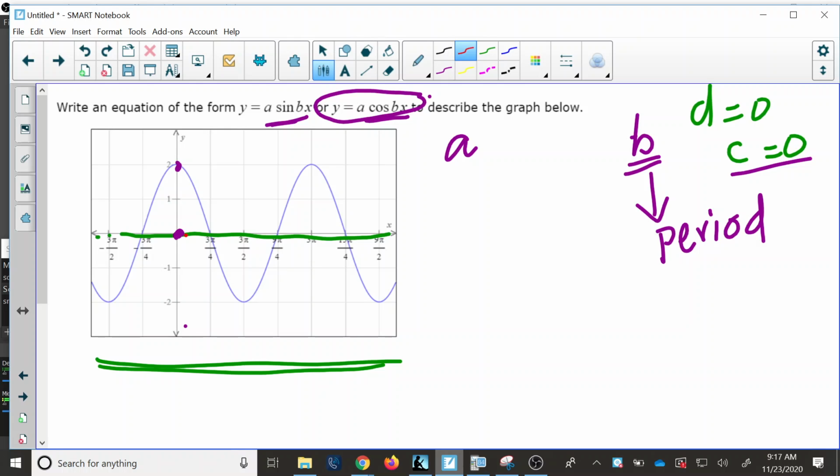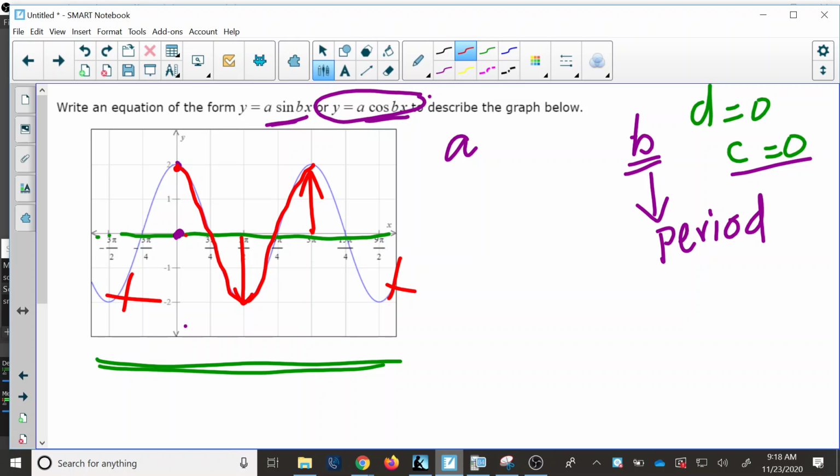This is my midline. Now we need to just take one cycle. This is the starting point, so my one cycle would be up to here. I can ignore these other parts, just one cycle.